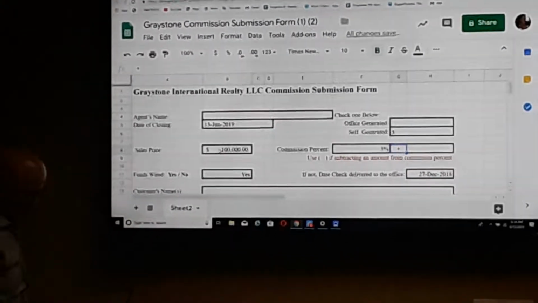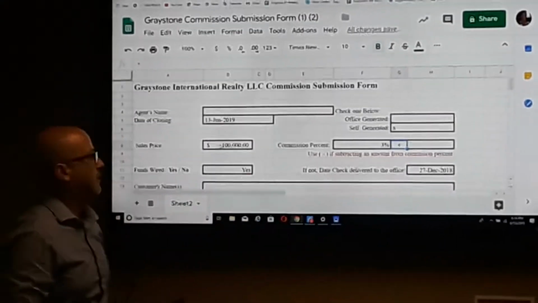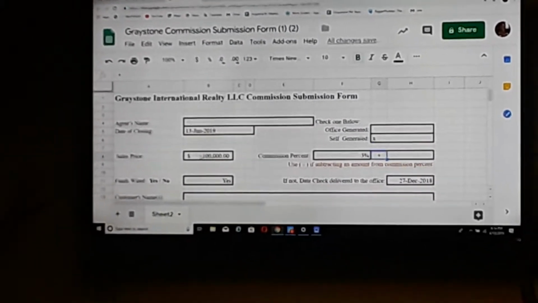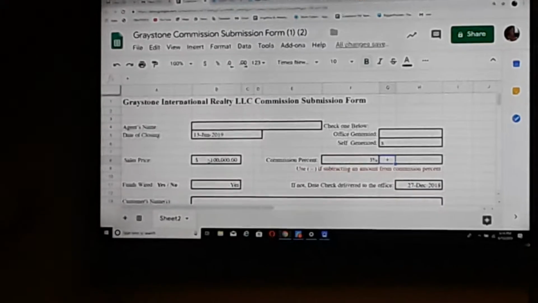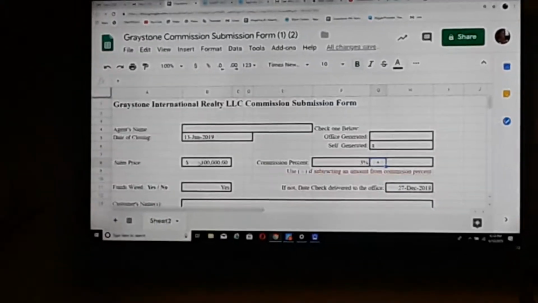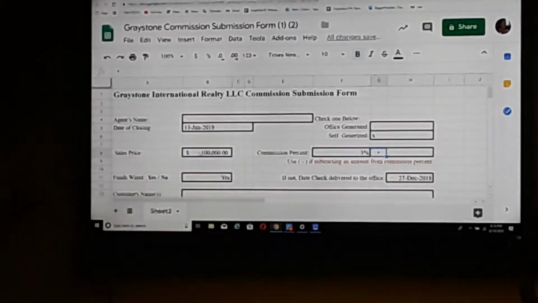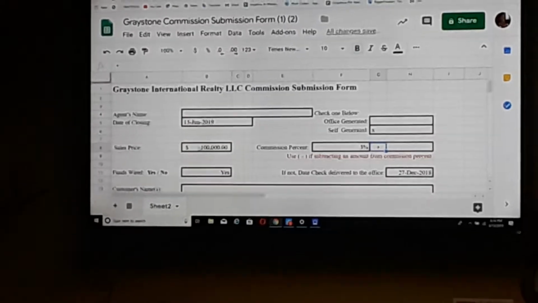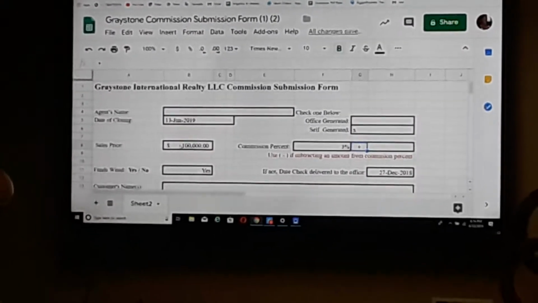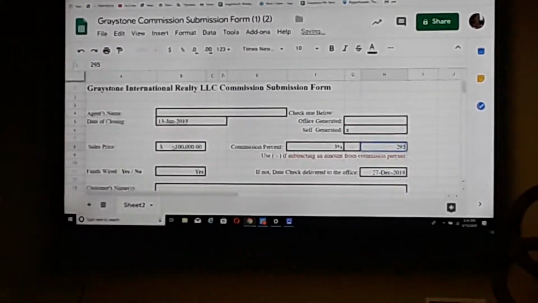And then in here you're gonna put, let's say if you're representing the buyer, you most likely are gonna be deducted an MLS fee. I don't know if you guys have seen on the MLS, if you're representing the buyer, the listing agent usually takes, I don't know, $295, $395. So if you're representing the buyer, then you have to minus $295.